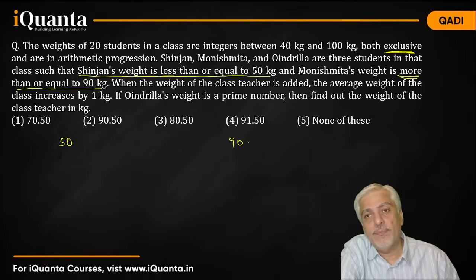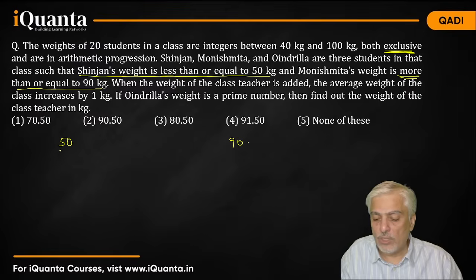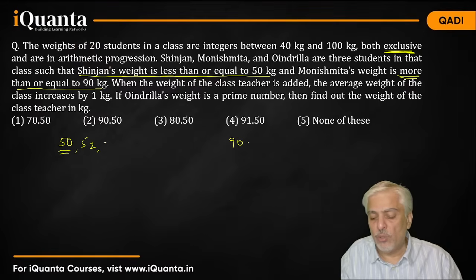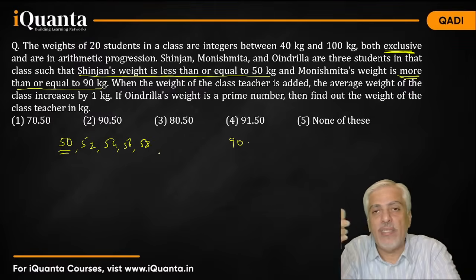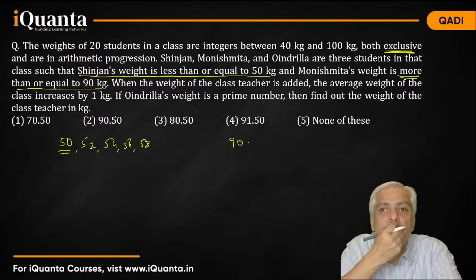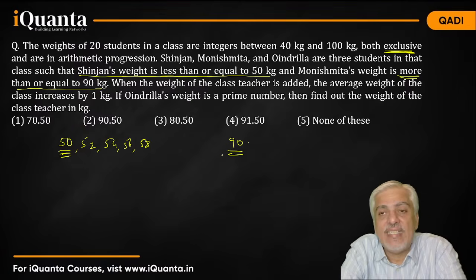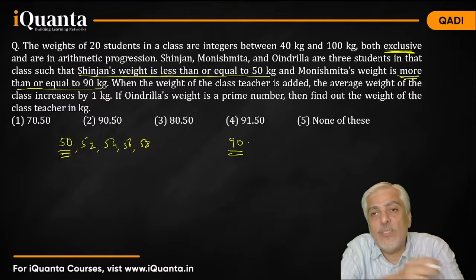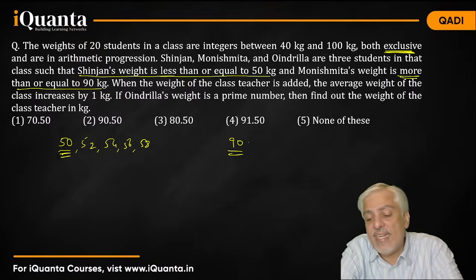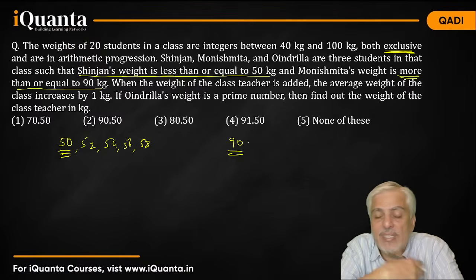If I start with this as the lowest person, 50, 52, 54, 56, 58, with 20 people, it will not reach 90. Because if this is A, this will be A plus 19D. 19 twos will be 38. And that will reach only 88. So are we clear till here? So D cannot be 2.